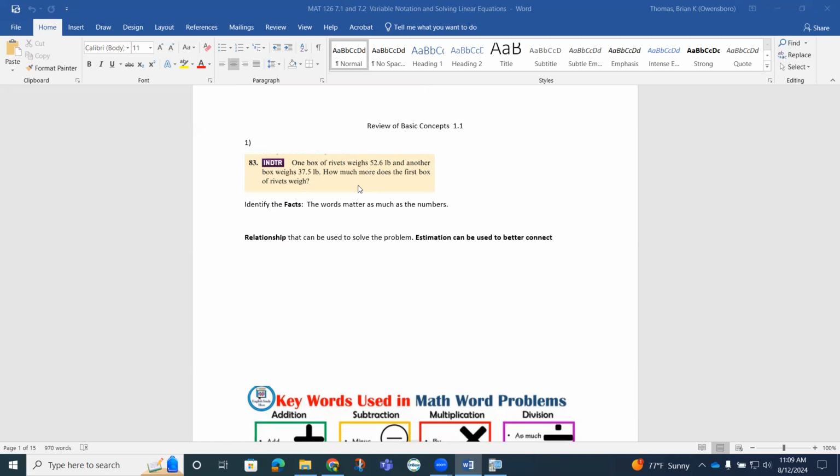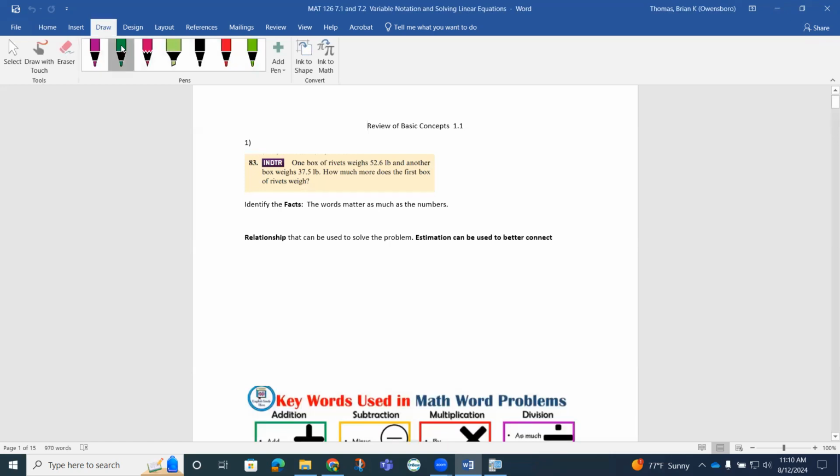So as we move further through here, our goal is to try to identify the relationship that can be used to solve the problem. And estimation can be used to better connect it. So here, to do this problem, I may want to think about this as the first box and the second box.